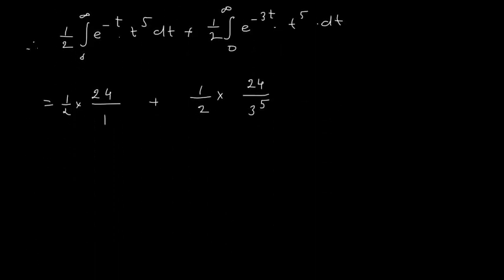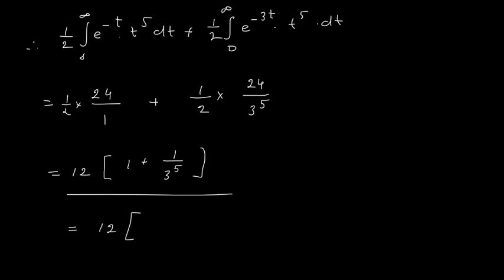So 24 divided by 2 means 12, we will take out, and here it is 1 plus 1 upon 3 power 5. This is the final answer, means this is 12 into (3 power 5 plus 1) whole divided by 3 power 5.